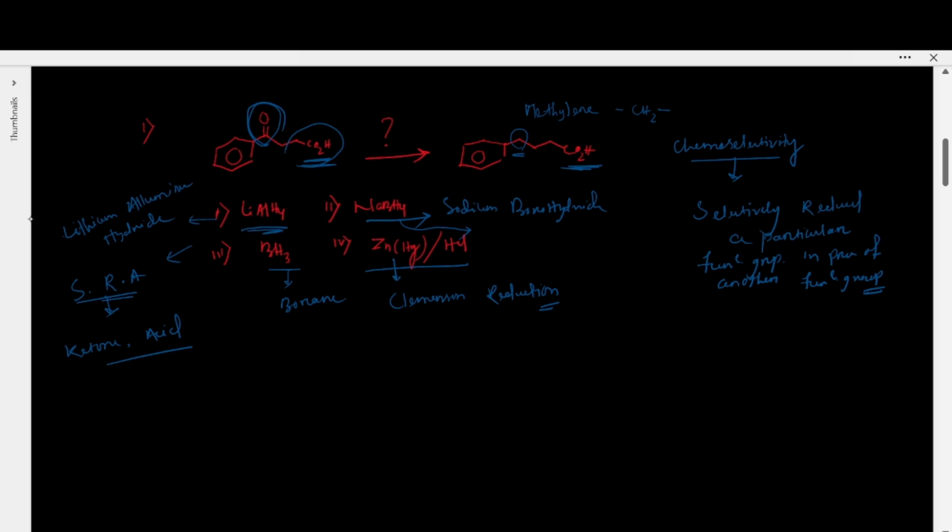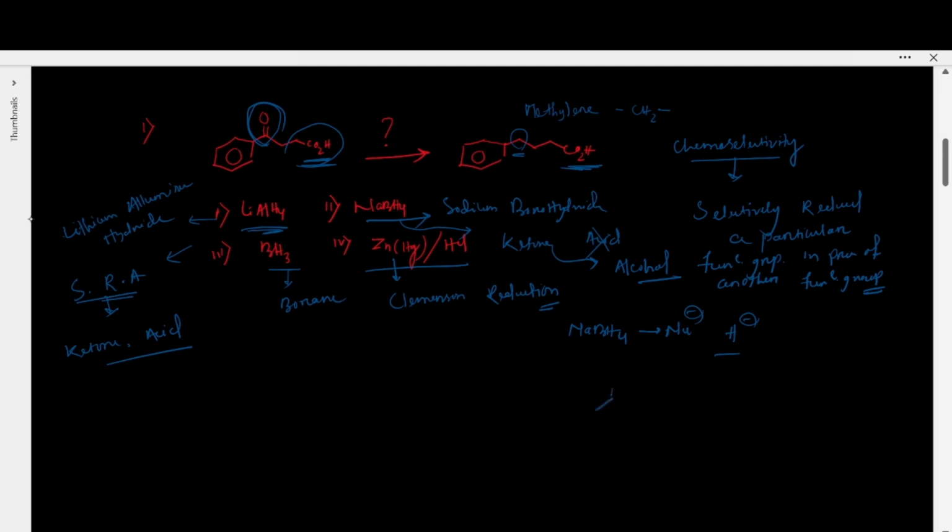It can only reduce the ketone, not the acid, but it reduces the ketone to alcohol, because sodium borohydride is a nucleophilic reducing agent, that means a source of hydride ion.